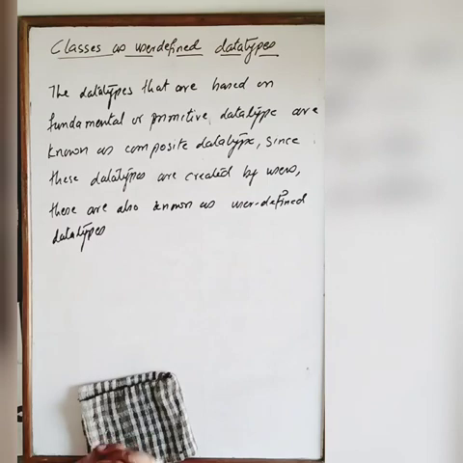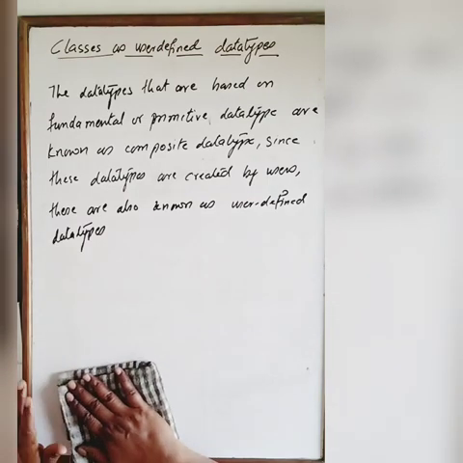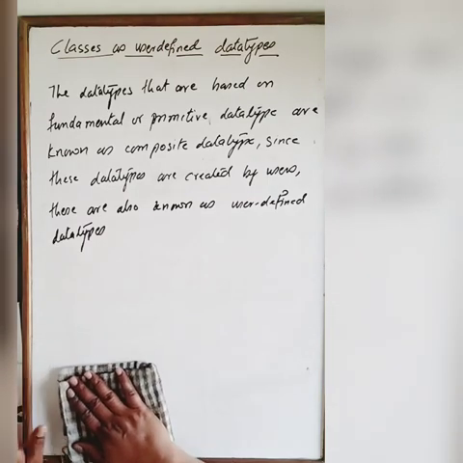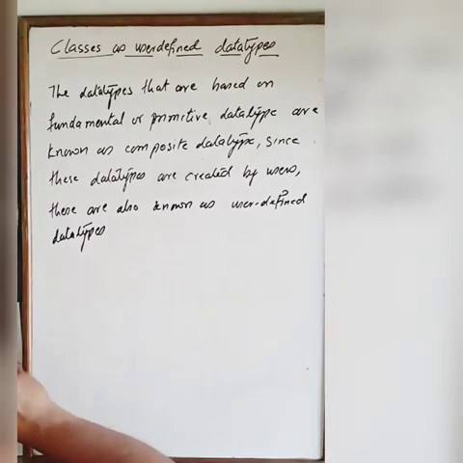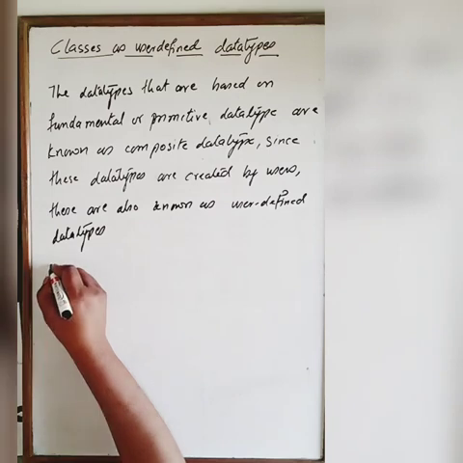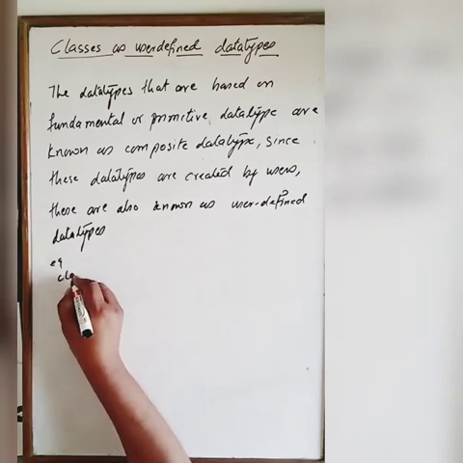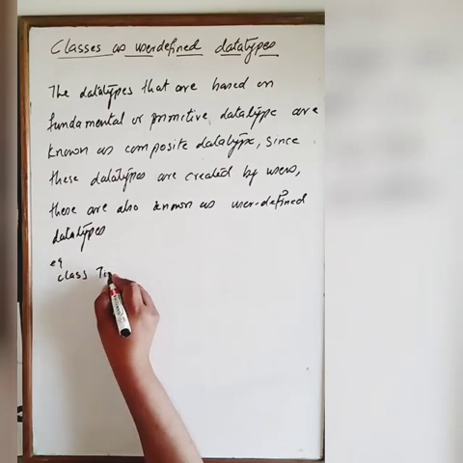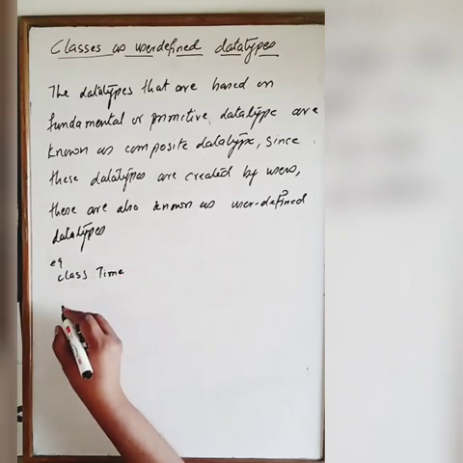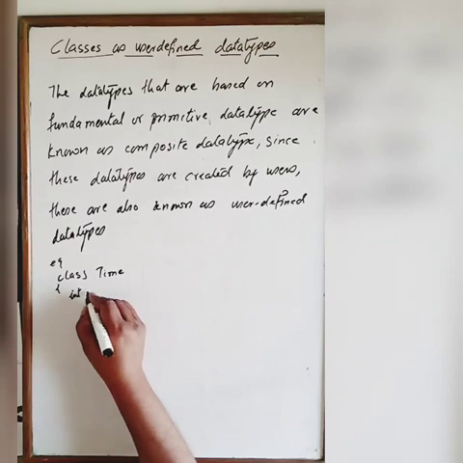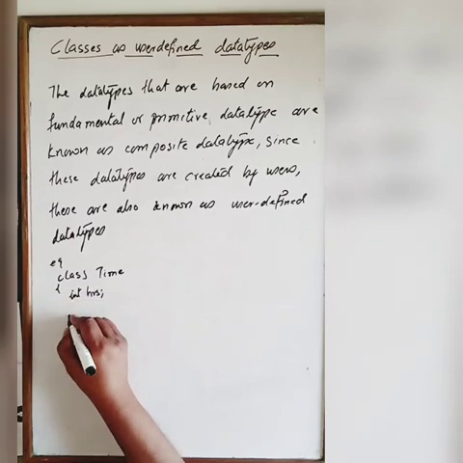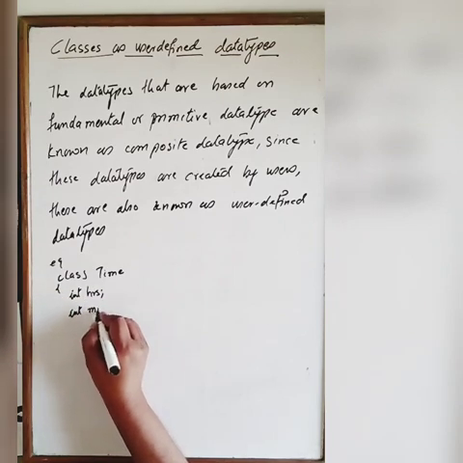Now, user defined data type means an object will be created and we are going to use the variables of the objects. Example for this: suppose we have a class Time. The Time class has two data members, instance variables, int hrs for hours and int min.